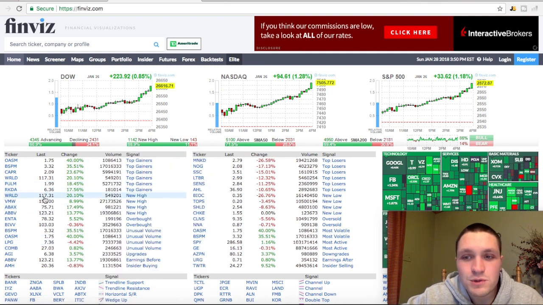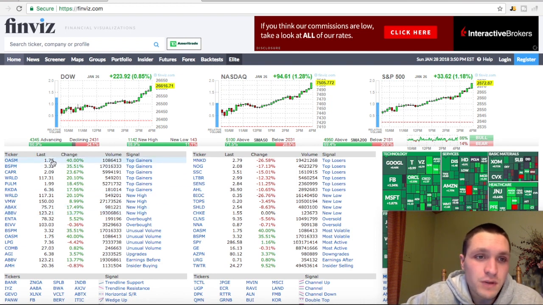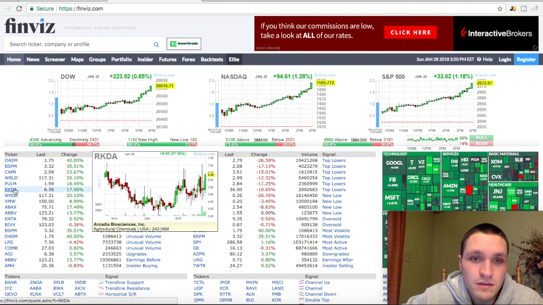Obviously, if I'm trading, I'm not looking at these ones that cost 117, 150, 123. If you're being a day trader, you want to have quick movement. Yes, these moved, but you can't buy a lot of shares if it costs $123 unless you have tens of thousands of dollars you're putting into these stocks. So I like looking at the ones that are cheap, like under $5. Even around 6 is fine too.